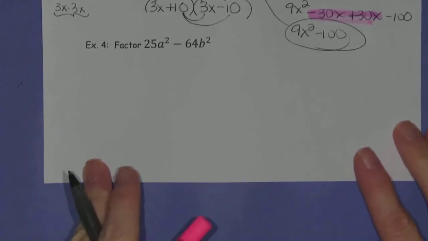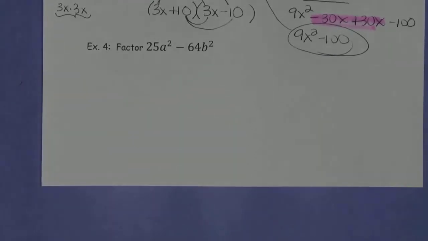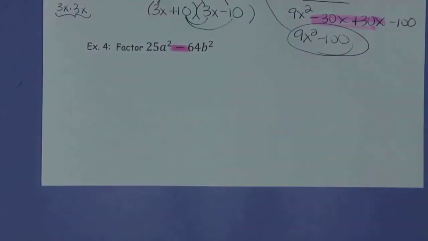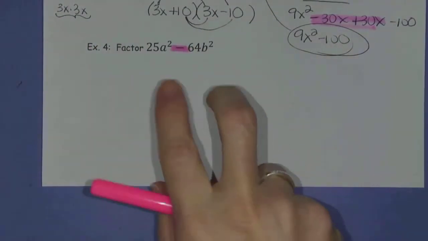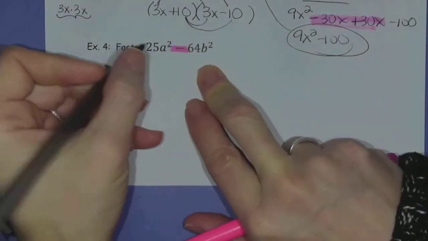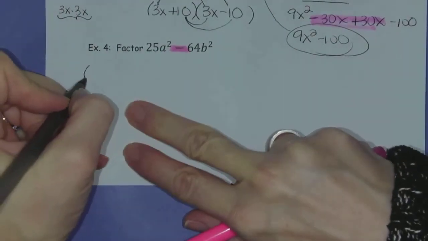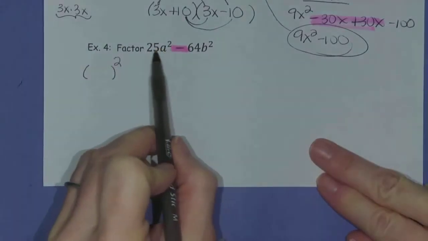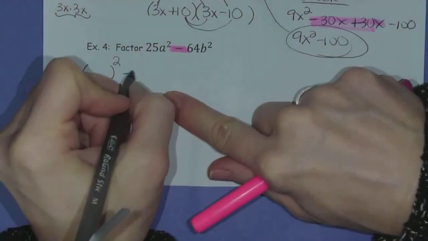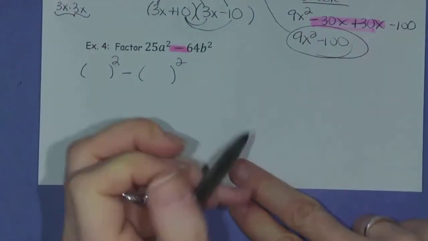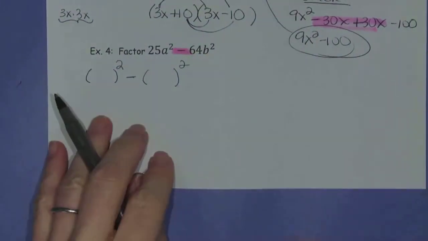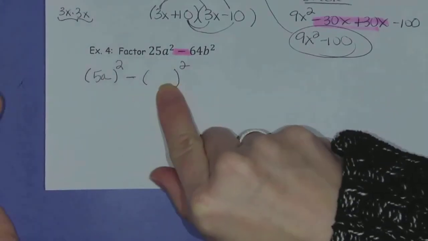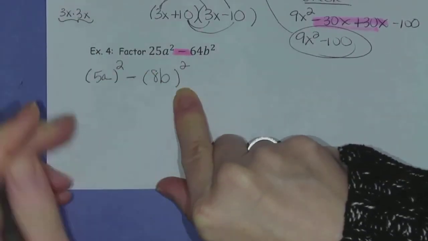Okay? And here's my last one. Difference. So we got that. Always looking for that minus sign of two perfect squares, perhaps. Let's see if it truly is. We've got to figure out what raised to the second power makes 25a squared, and what raised to the second power makes 64b squared. So here I'm thinking 5a, and here I'm thinking 8b.